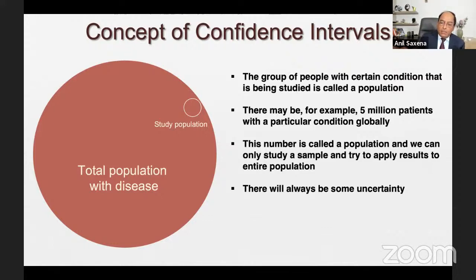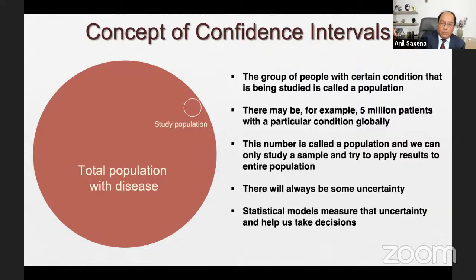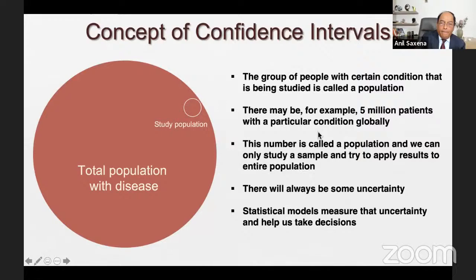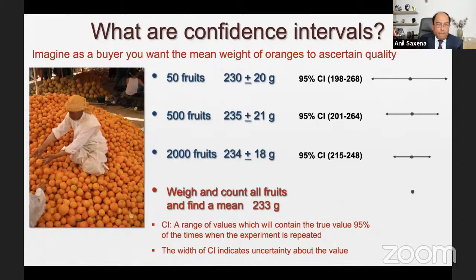And that is the main requirement. All the statistical models measure that uncertainty for you and help us take decisions. So what statistics does is it uses probability models to measure that uncertainty. It quantifies the uncertainty for us and tells us the probability of a certain thing happening.